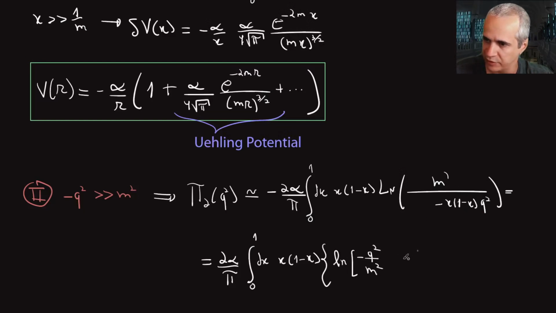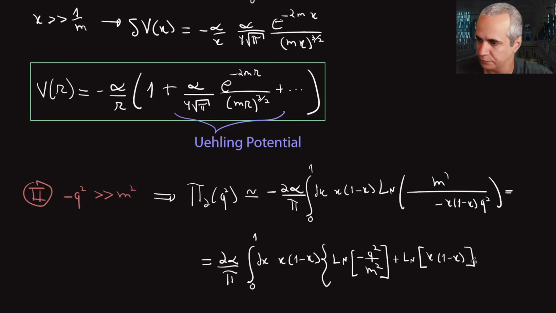See, I inverted these logs. And then the log of the x part will be just ln of x times 1 minus x. So now I can integrate this part.